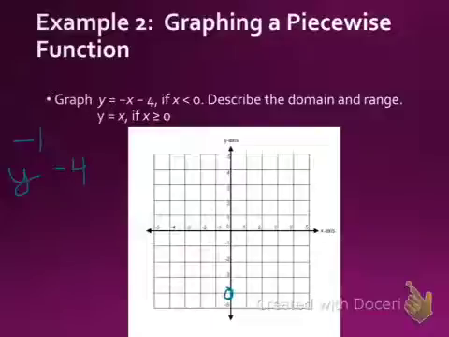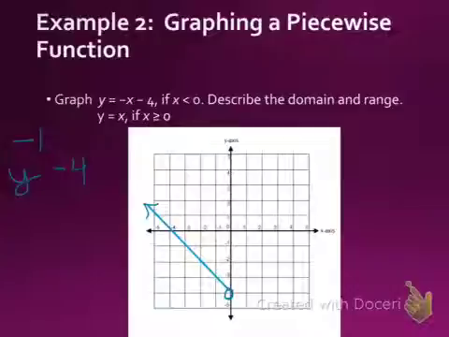And then with a slope of negative 1 here, the line would look like this. But remember, we've got that open circle at 0 because it's not true at 0.